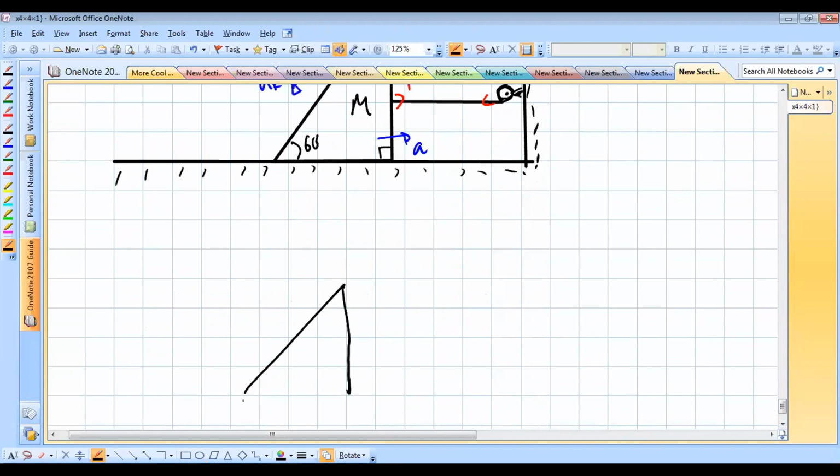That will be the easier way of solving the constraint relation. That the net power delivered by tension in the system will become zero.